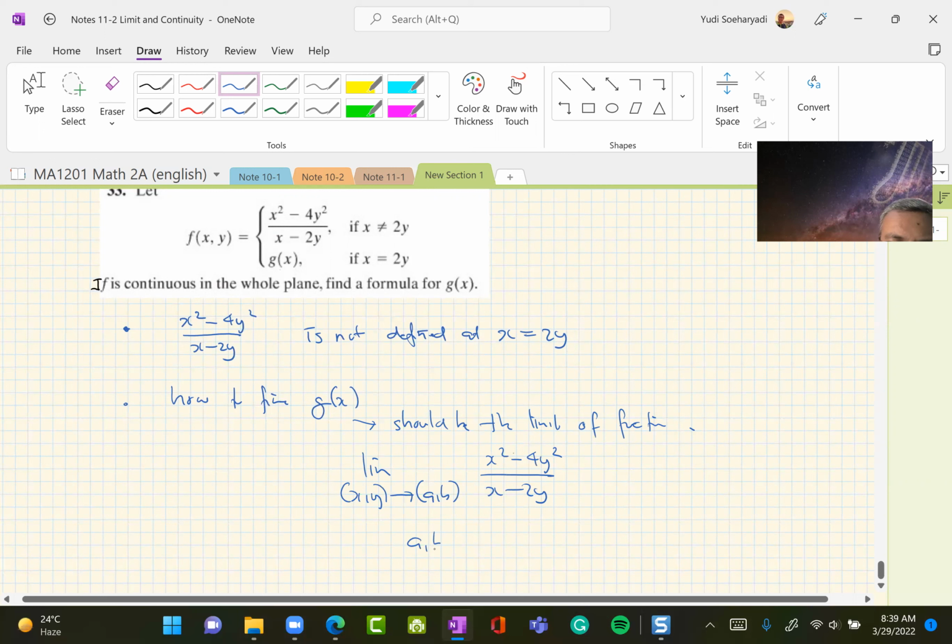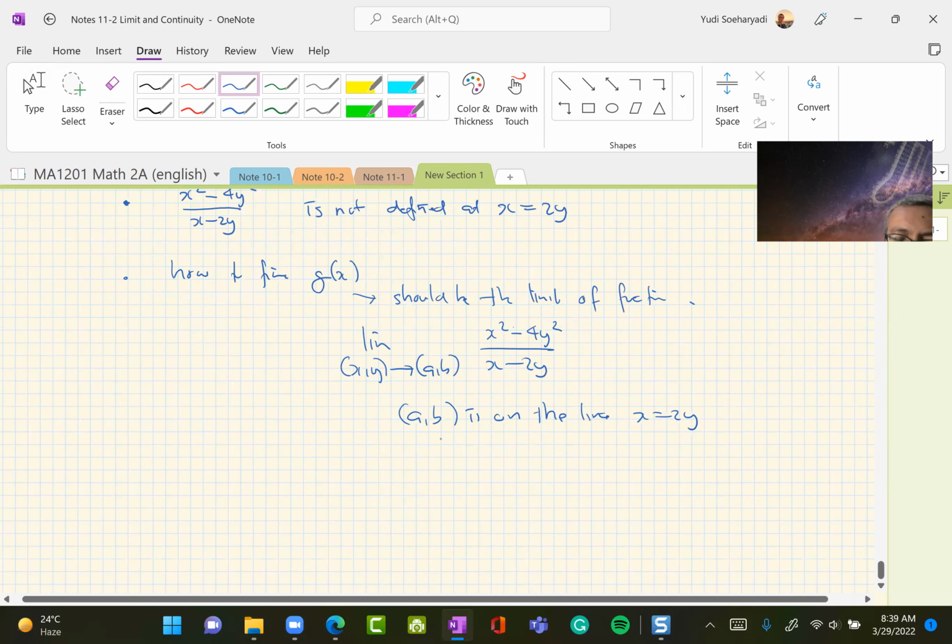So when (a, b) is on the line x equals y, this should be this limit.